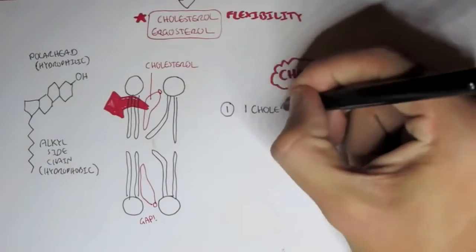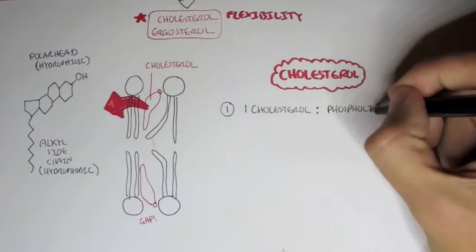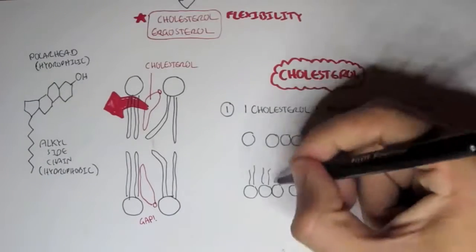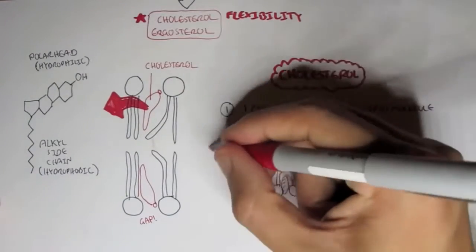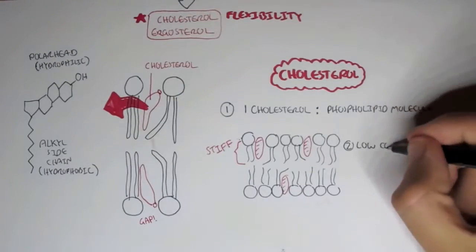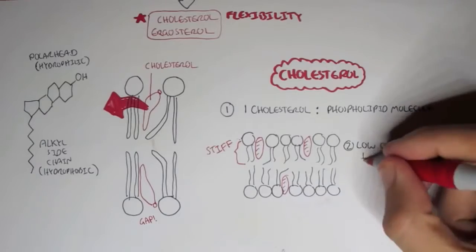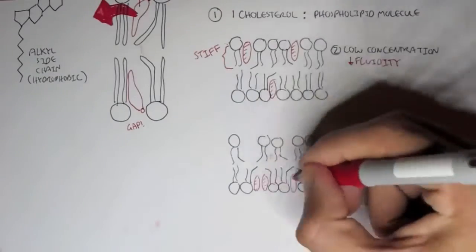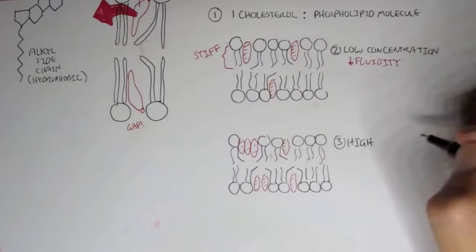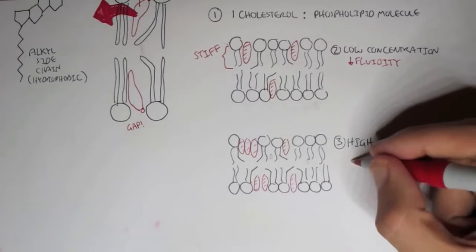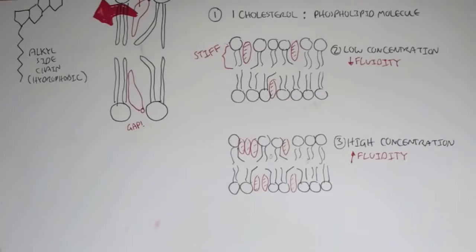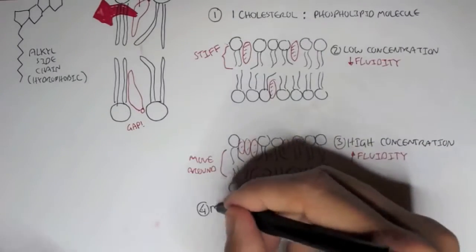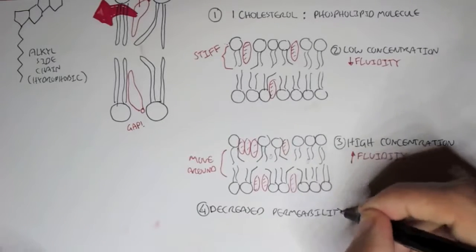So some facts about cholesterol. There can be one cholesterol molecule per phospholipid molecule in the membrane. When cholesterol binds to the kinks, it stiffens this area. So a low concentration of cholesterol decreases fluidity in the membrane. However, high concentrations of cholesterol increase fluidity in the membrane, so this section is able to move around and is more flexible.